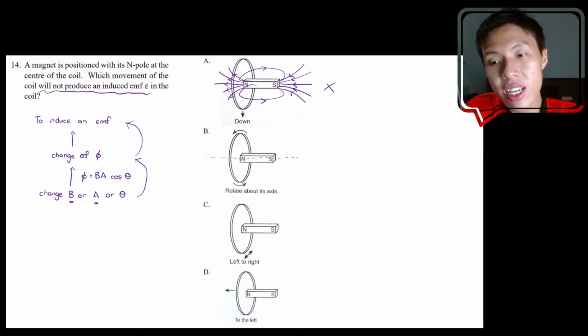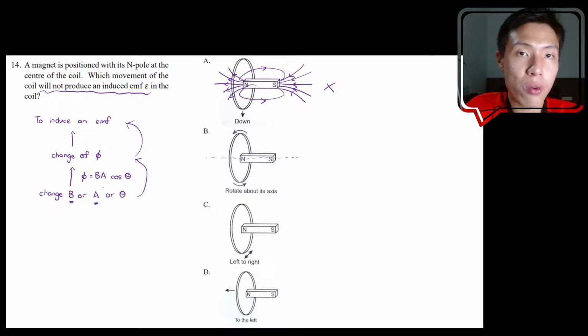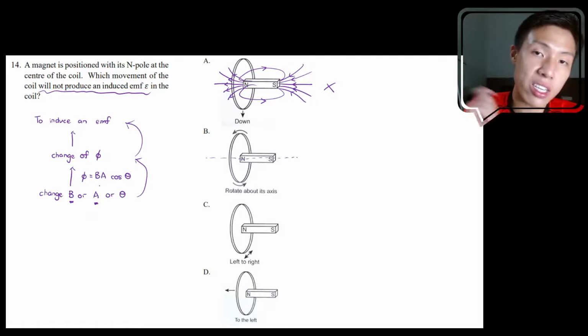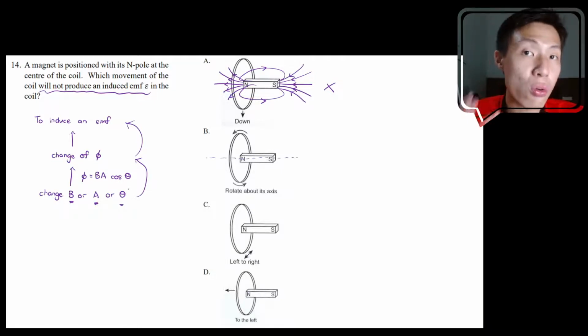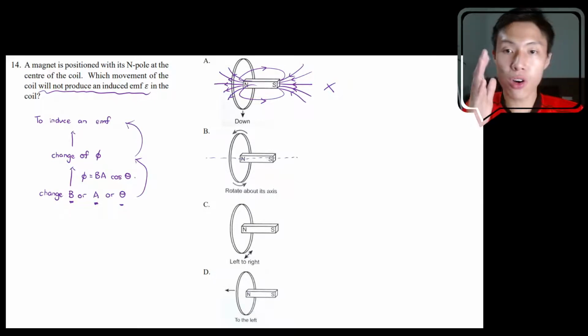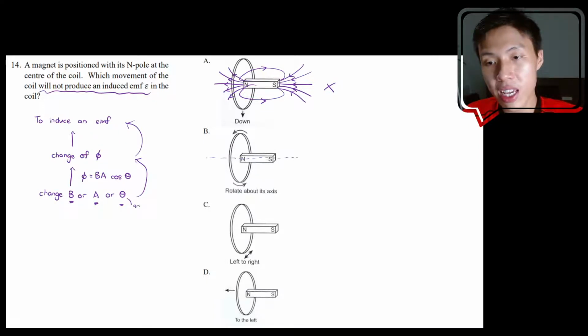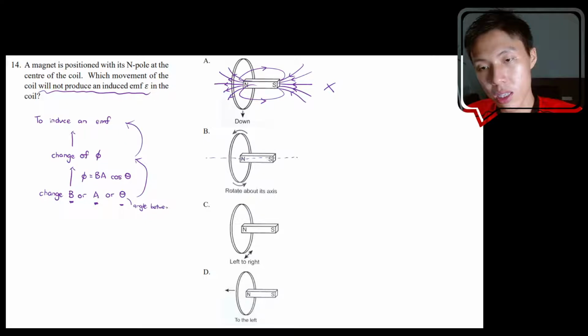The area experiencing the magnetic field, well, you're not taking it further away or nearer, so that area should be the same. And this theta here is the orientation of the coil, whether the angle between B and A is changing or not.